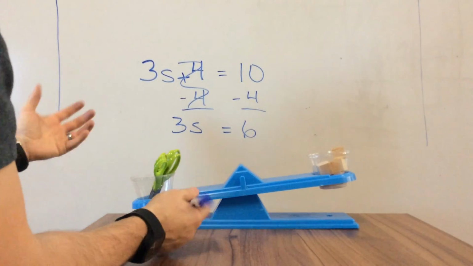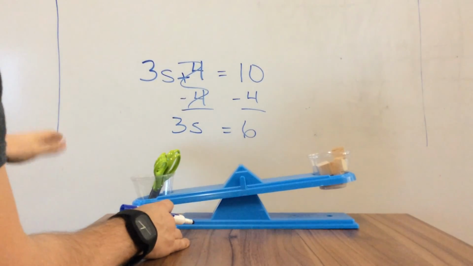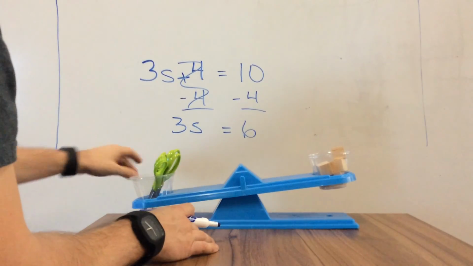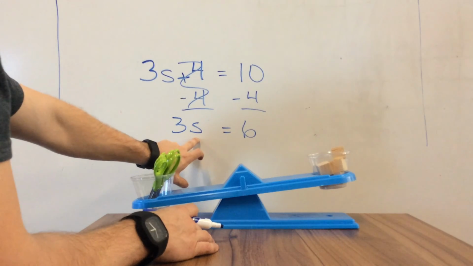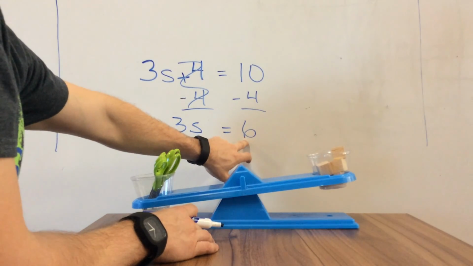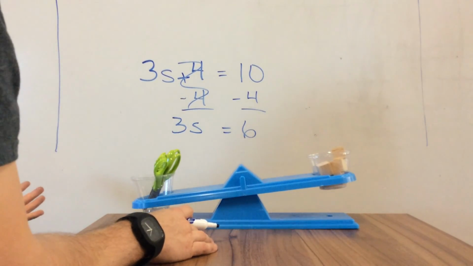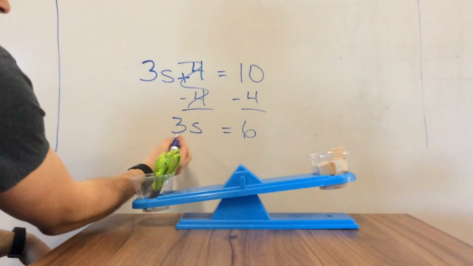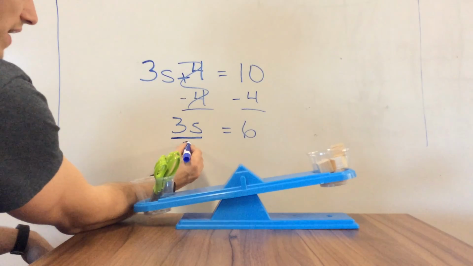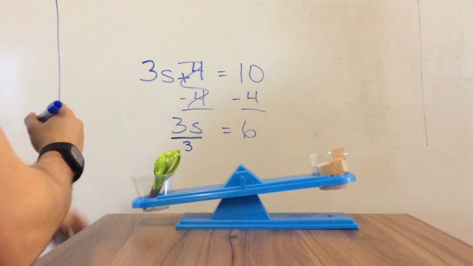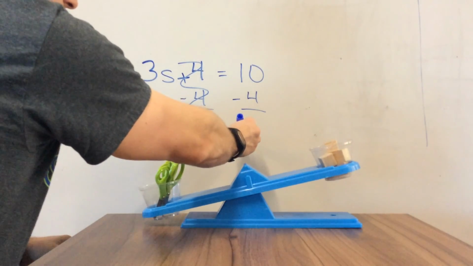And like I said at the very beginning, if you've got your brain wrapped around fact families, you already know the answer to this. So we read this, I see 3 times something is going to be equal to 6. Well, what's the fact family flip of that? The fact family flip of that is undo this multiplication by dividing. Do the same on the other side.